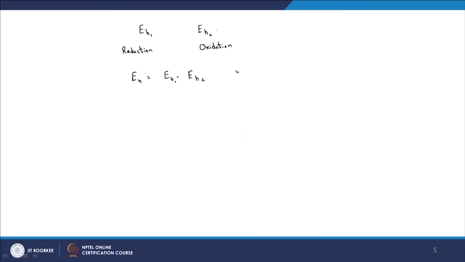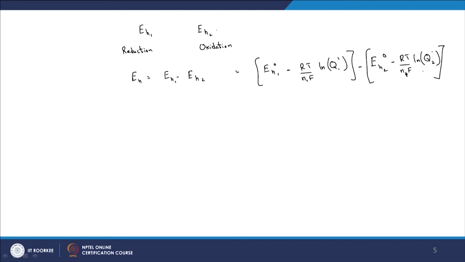Let us plug that in here. That would be equal to EH naught of 1 minus RT by N1F into natural logarithm of Q1 dash, minus EH2 naught minus RT by N2F into natural logarithm of Q2 dash, N being the number of electrons transferred in the half reaction. If it is the same number of electrons being transferred, N F. So, what do we end up with here?